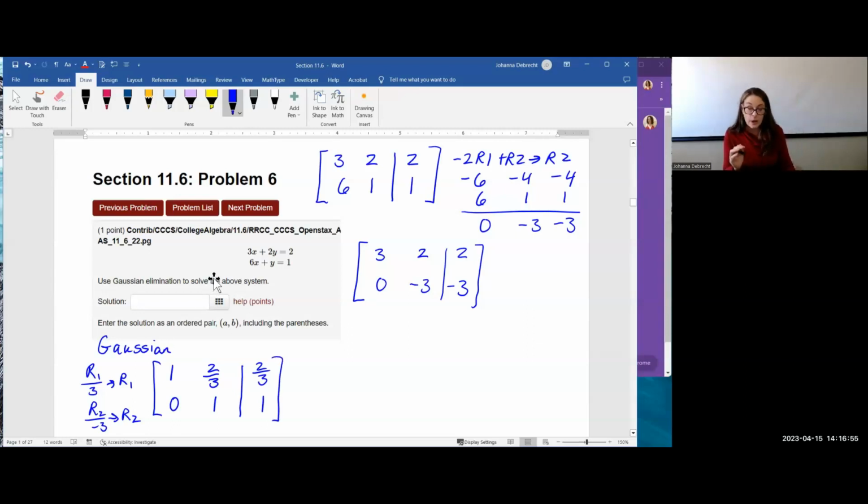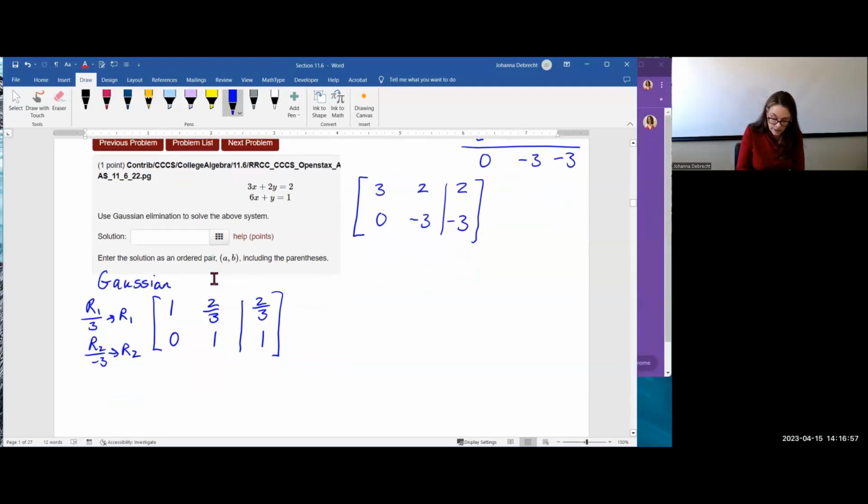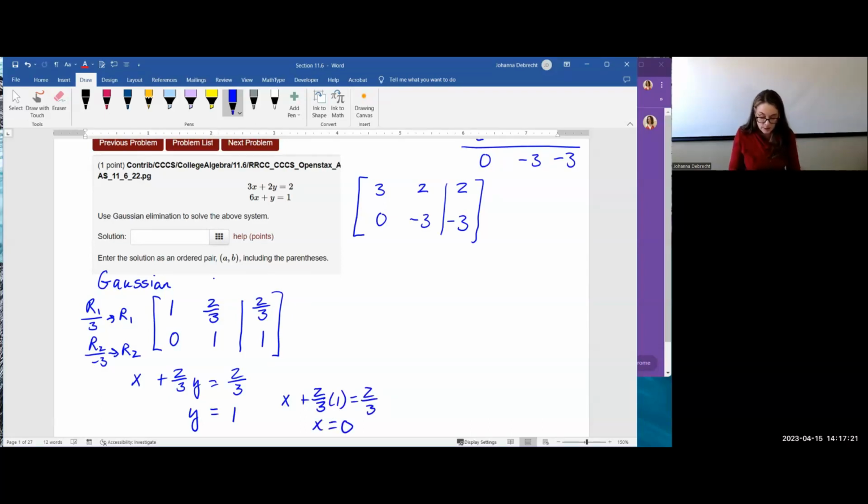Now Gaussian, you have to go back to the system of equations. So I get x plus 2/3 y equals 2/3. And the second equation, y equals 1. Then I can substitute the 1 back into the first row, which will give me x plus 2/3 times 1, which is 2/3, equal to 2/3, which basically means x equals 0.